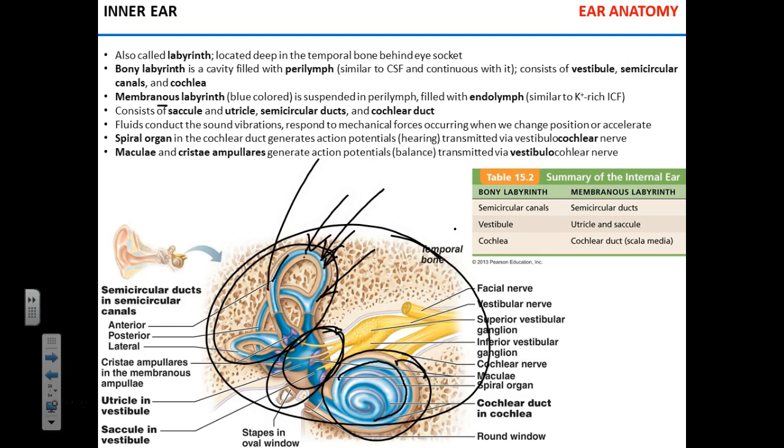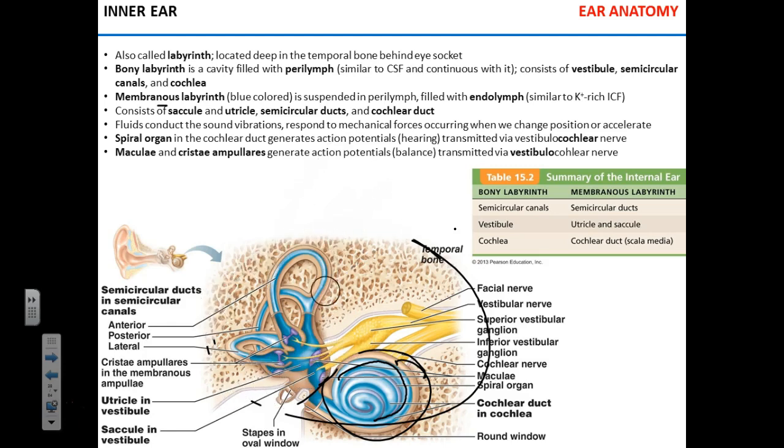Okay, so why fluid? Both the membranous labyrinth on the inside and the bony labyrinth outside of the membranous are all filled with fluid, whether it's the endolymph inside of the membranous labyrinth or perilymph in the bony. Why fluid? Fluid is a great way to transmit the sound.